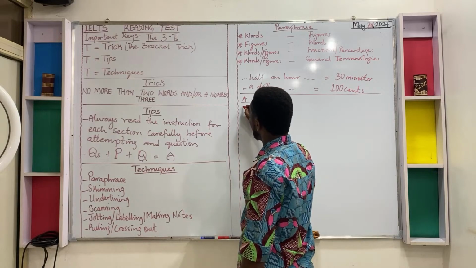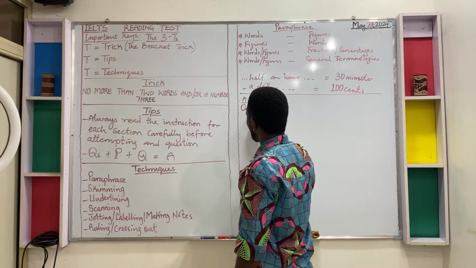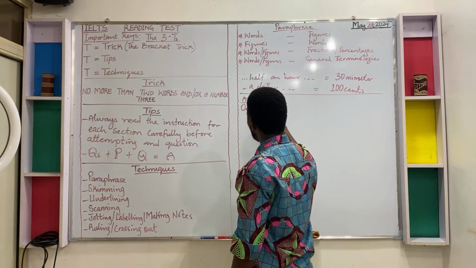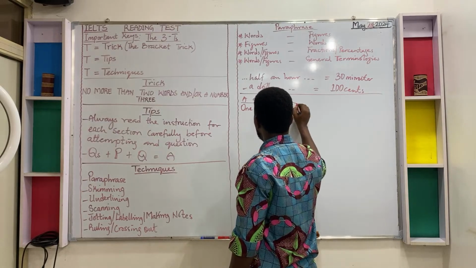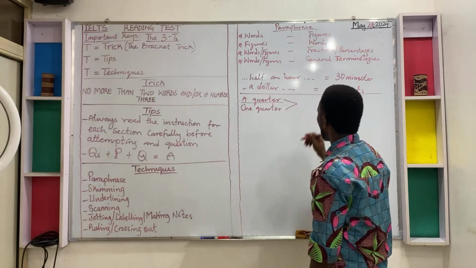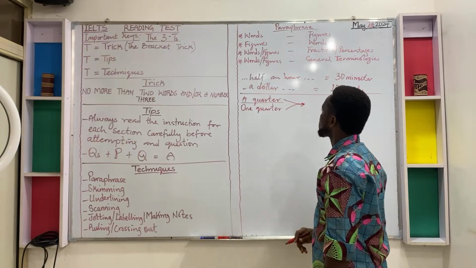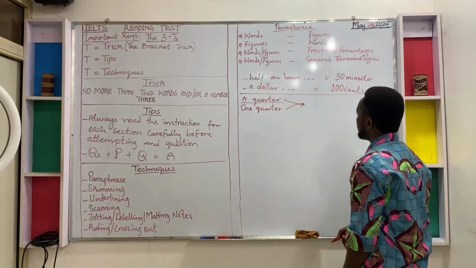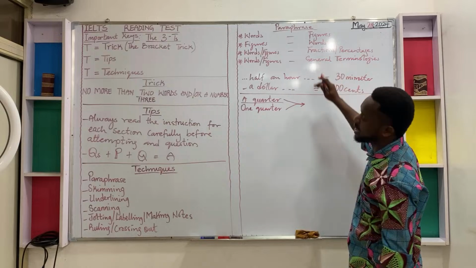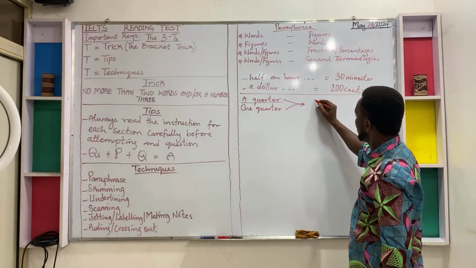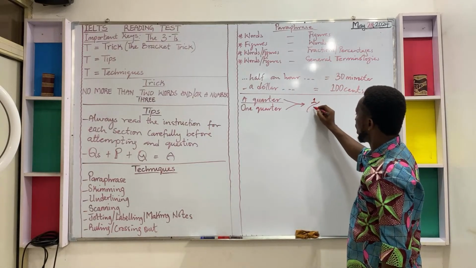A quarter is simply one quarter. Now, this a quarter, how do you think it might be paraphrased to a fraction? 1/4.